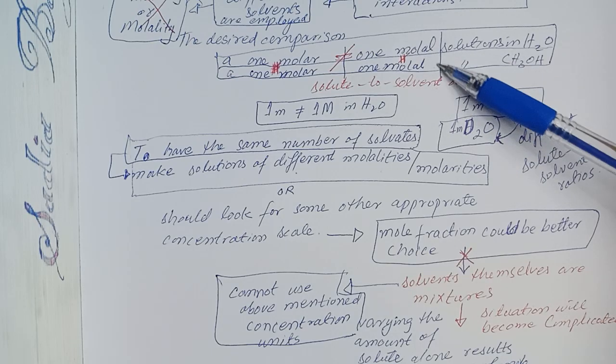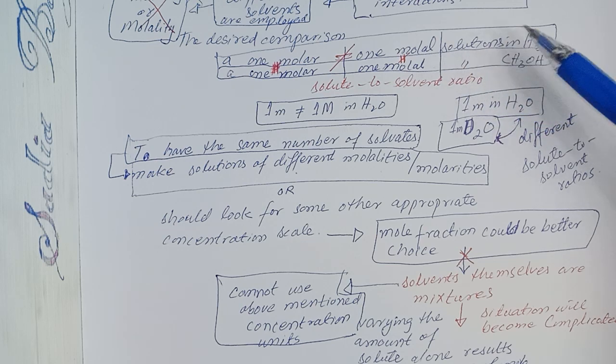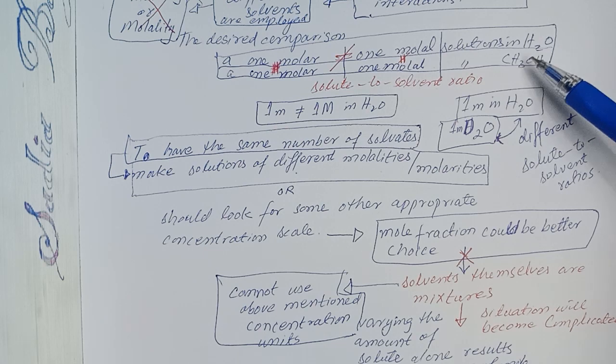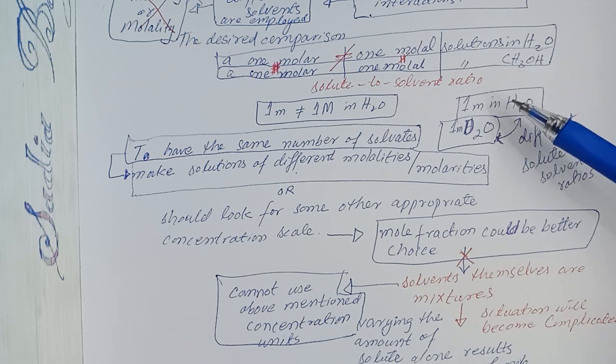And also for the same molality or molarity, a realistic comparison of the two solutions of a given solute in solvent mixtures of different composition is not possible because different total moles of solvent are present in the solution.